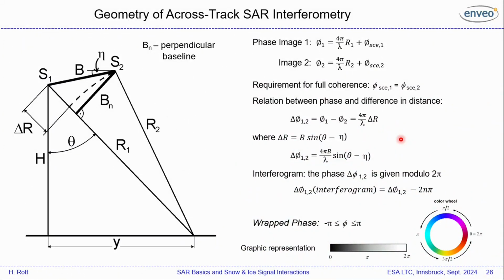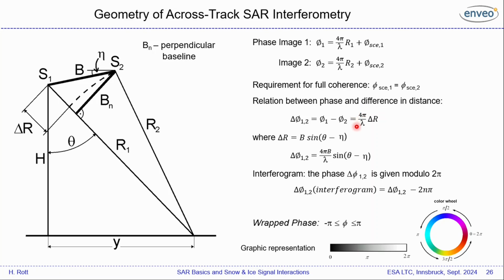With the across-track interferometry, we have a phase image. The phase is on one hand absolute phase on the range, the distance to the satellite, and on the other hand by the phase of the element which you observe. And for full coherence, this phase should be the same. Hopefully, if you want a good interferogram, then this should be always quite close.